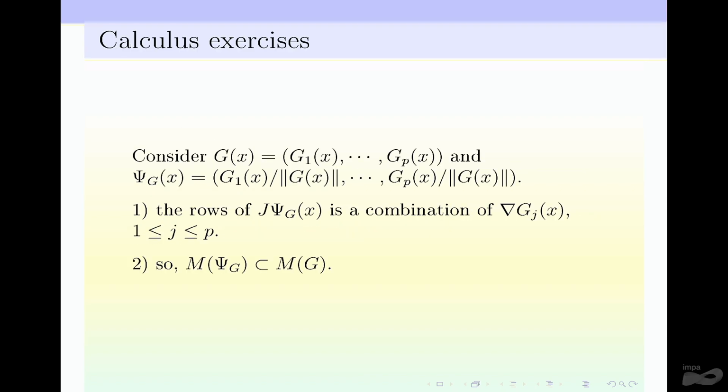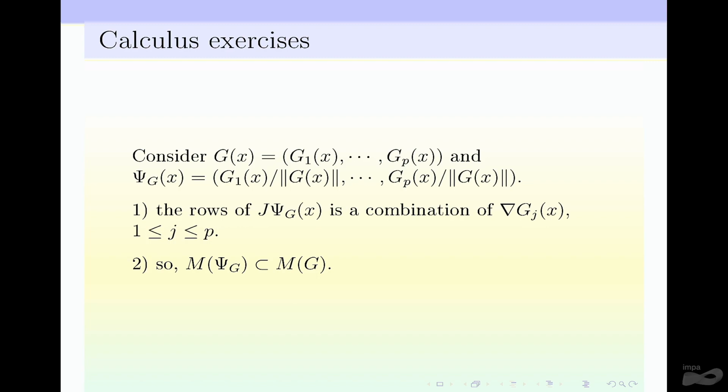What else? It's a calculus exercise. If you consider G of x this way, these are the coordinate functions of G. And of course, psi G is this mapping here, the coordinate functions modulated by the absolute value of G of x.